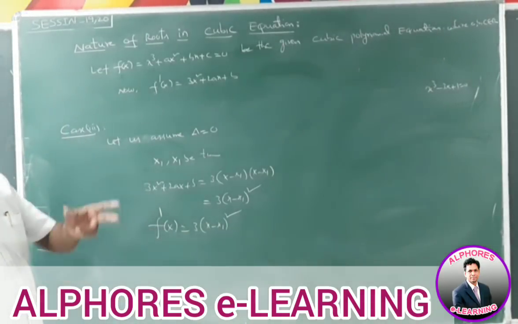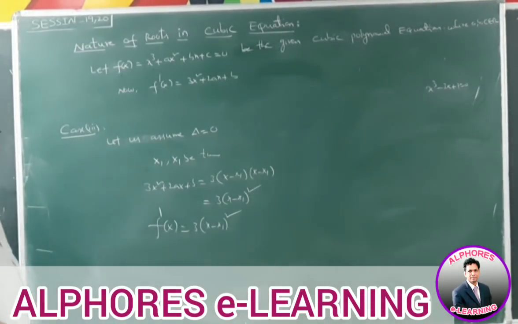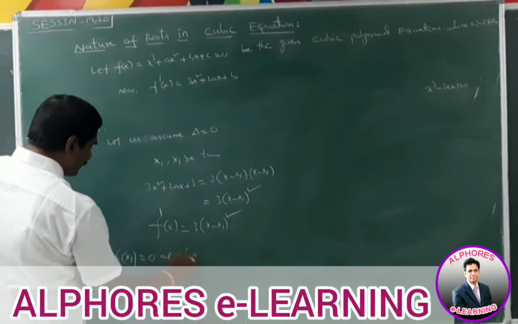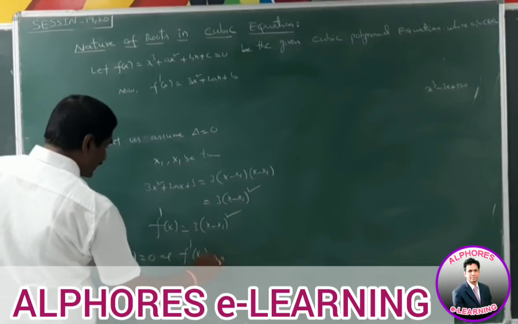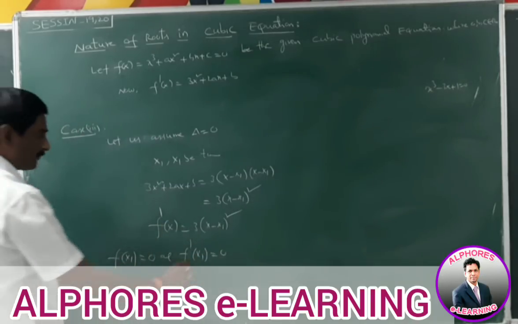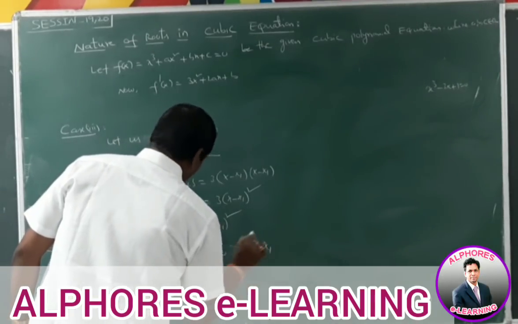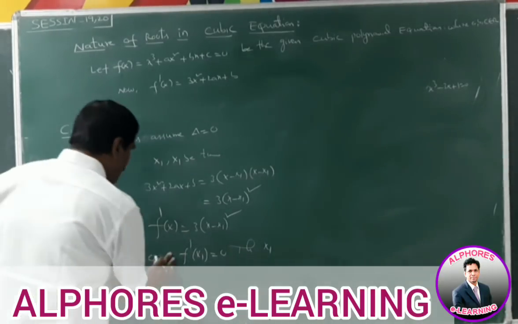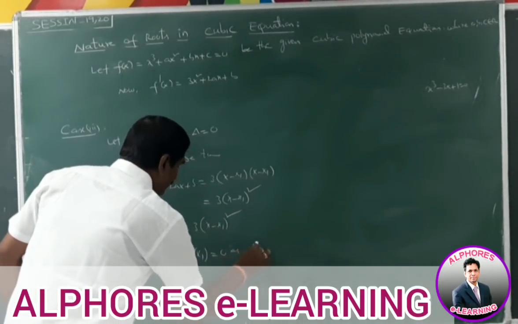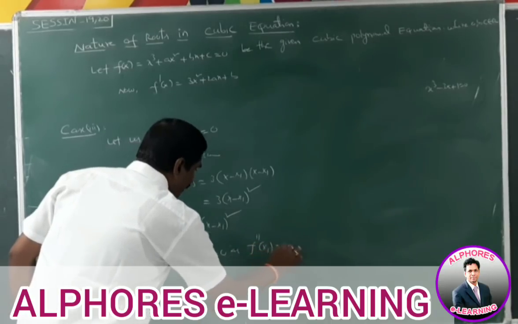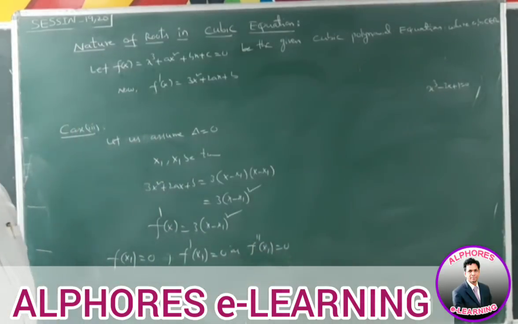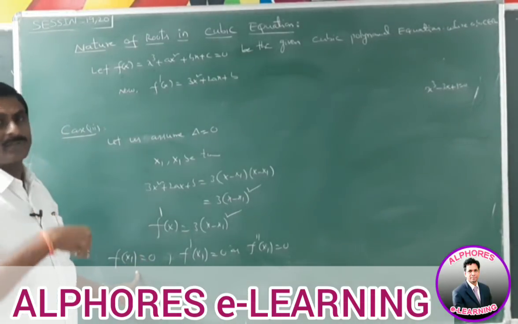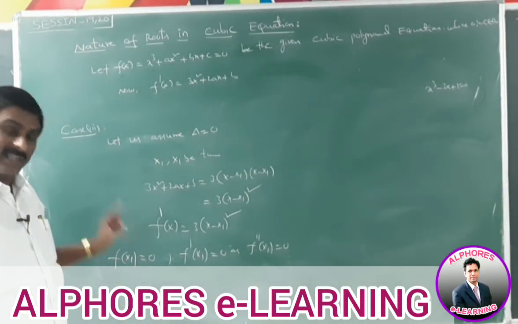By using the multiple roots concept, if f of x1 is equal to 0, f dash x1 is equal to 0 and f double dash x1 is equal to 0, then we get one of the roots x1 and it is repeated 3 times.